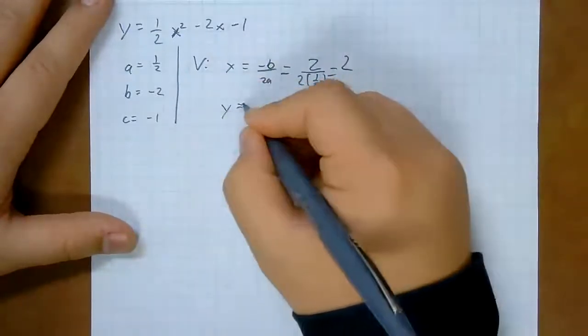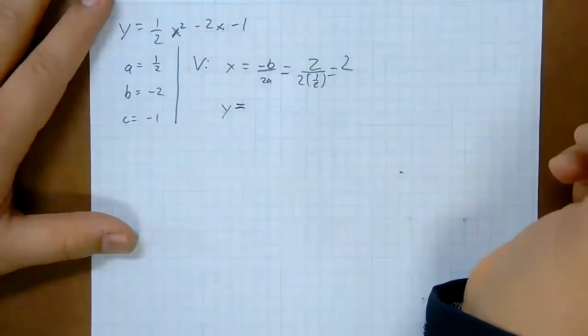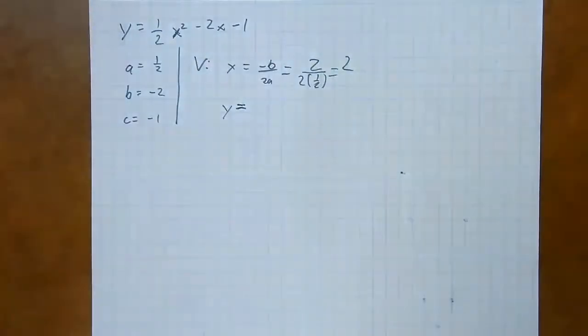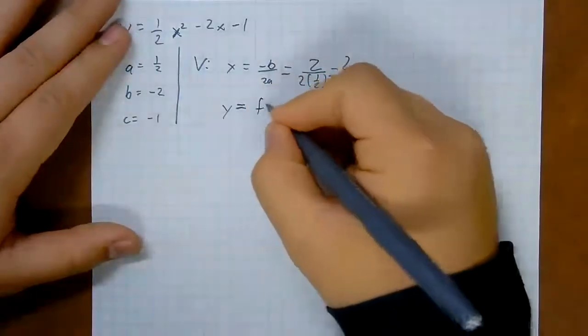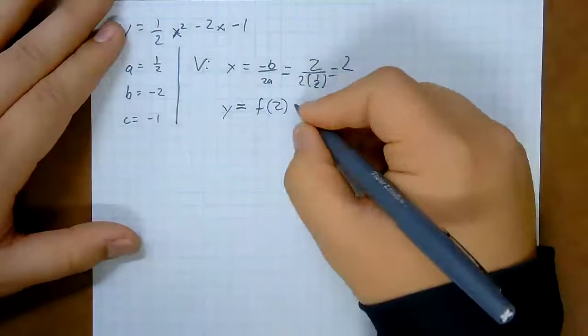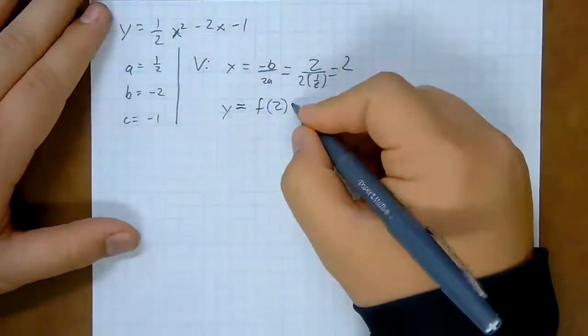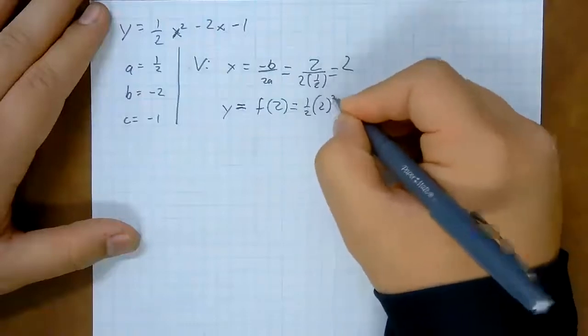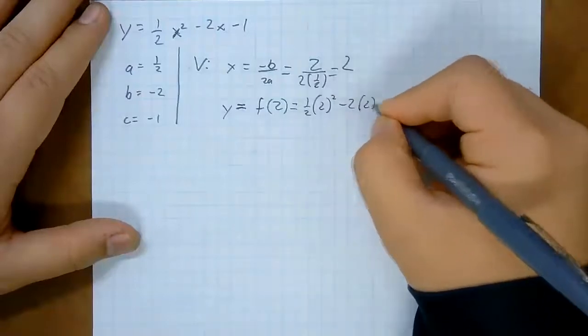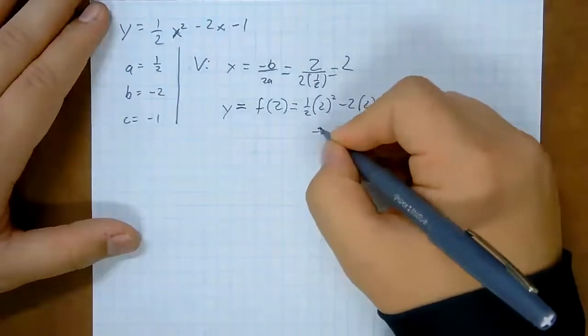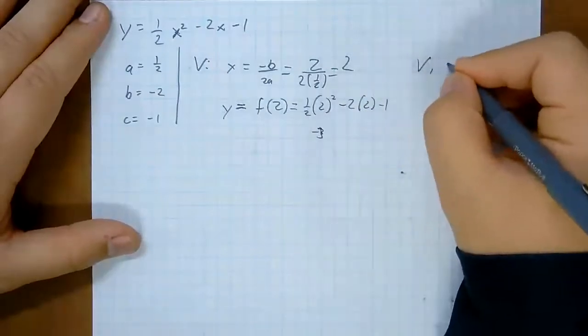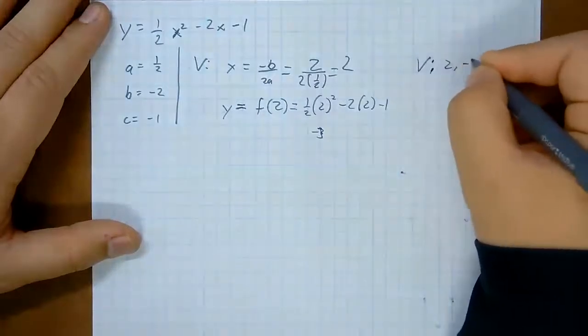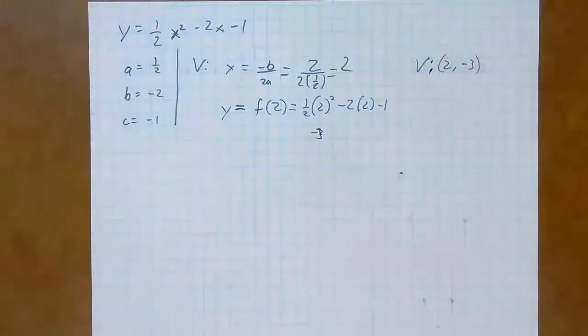Now I want you to tell me what the y value is. So the vertex is 2, negative 3.